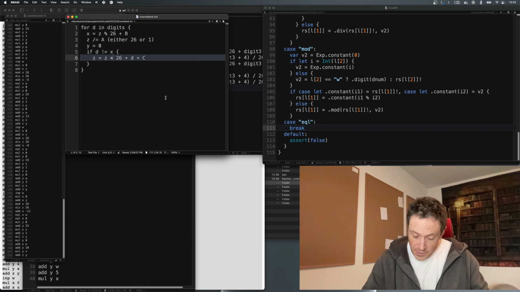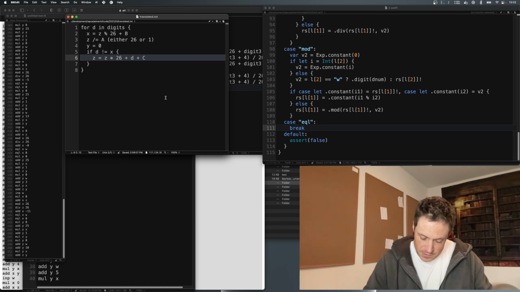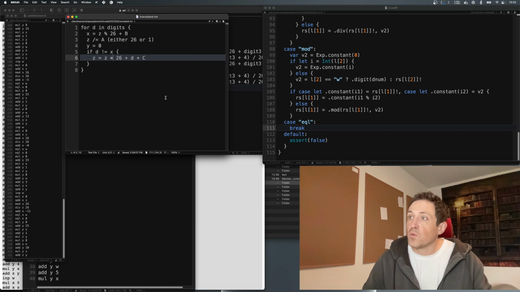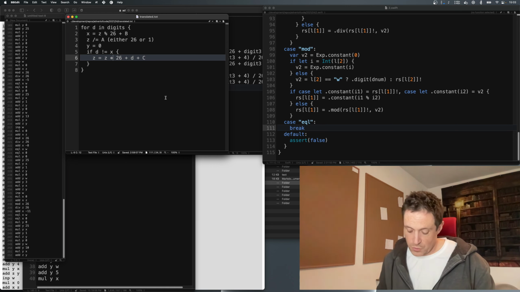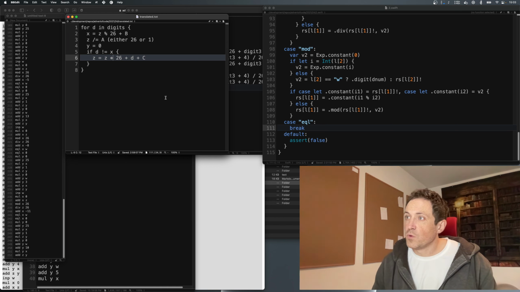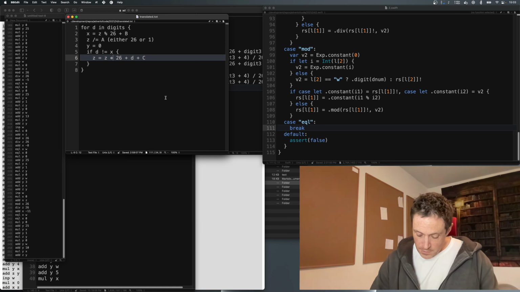And we want D to be equal to Z percent 26, which we know is just Z, right?